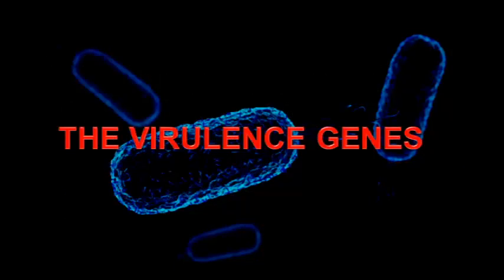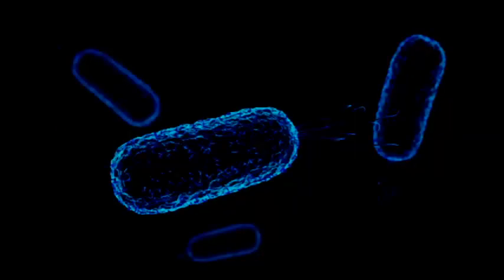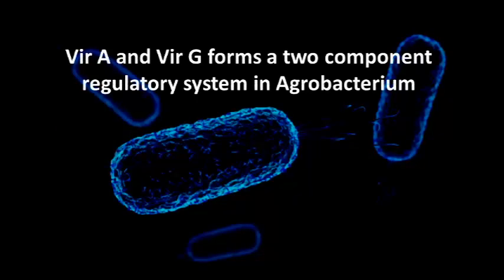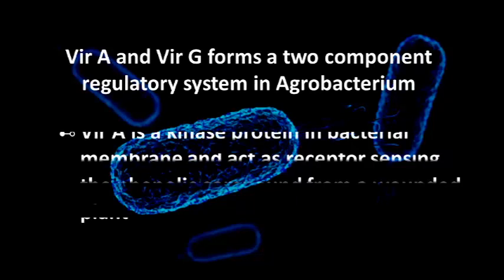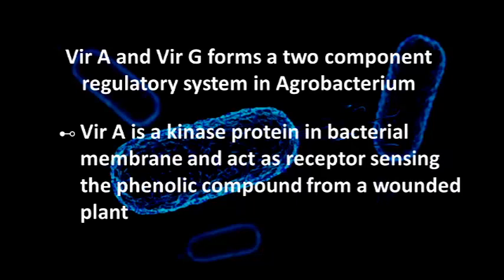Moving on to the different types and functions of the virulence genes. VirA and VirG form a two-component regulatory system within Agrobacterium. VirA is a kinase protein in the bacterial membrane and it acts as a receptor for sensing the phenolic compounds released by a wounded plant.